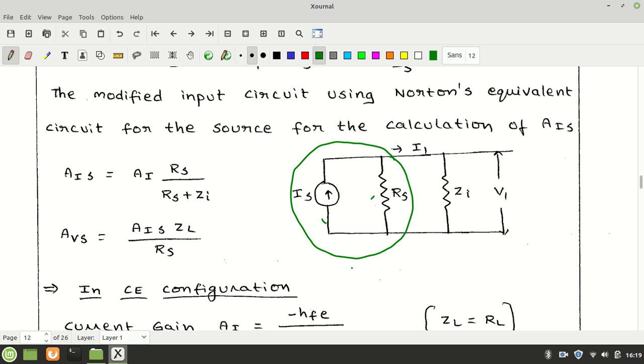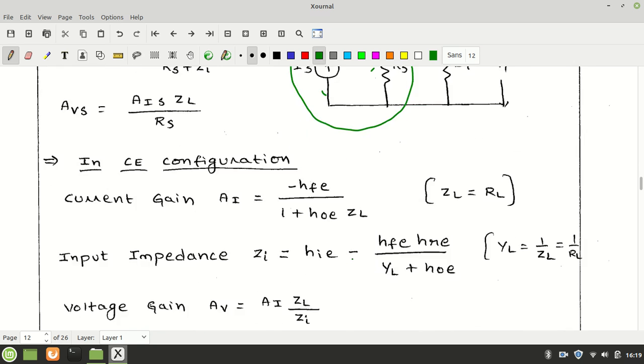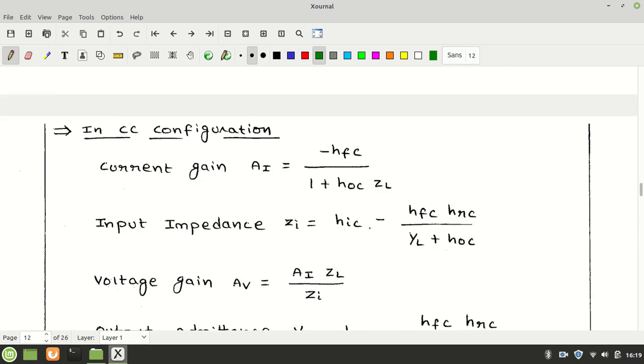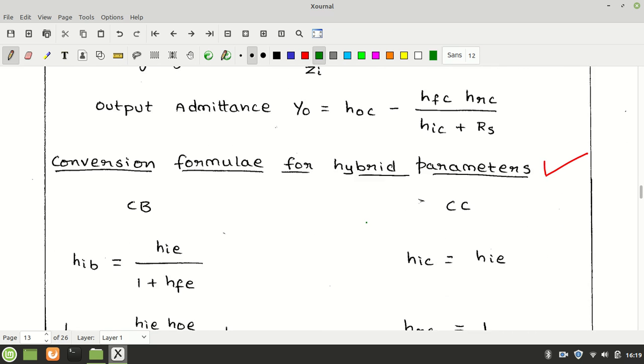So nothing new, the same calculation will follow. And these are the particular cases for the CE, CB or CC modes, and these are nothing else.